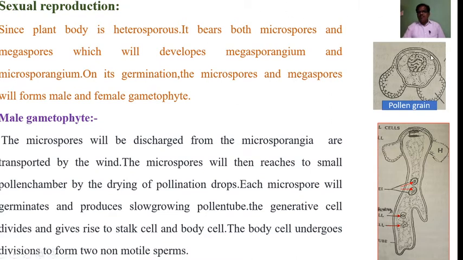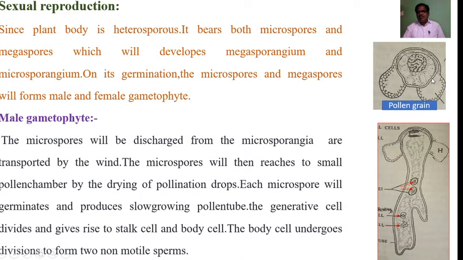This is the pollen grain of Pinus, which we already discussed in the last lecture. These are the two wings. It has three layers: the outer layer exine, the middle layer mesine, and the intine.